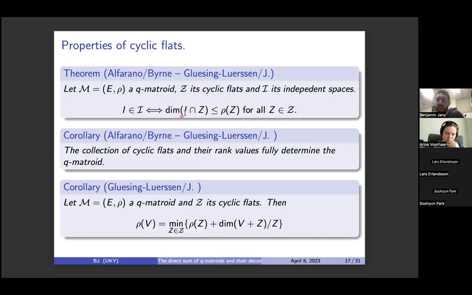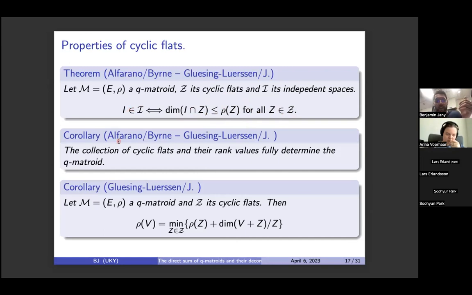So you can really see in this characterization, we need to know what the cyclic flat is, but also what its rank value is. If we take away the rank value of the cyclic flats, then the cyclic flats themselves do not fully determine the independent spaces. Okay, we really need to have both the cyclic flats and their rank values.